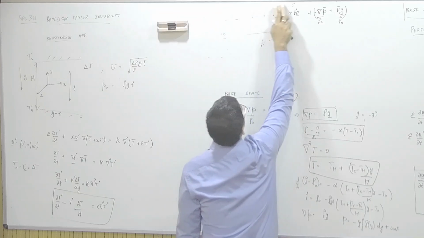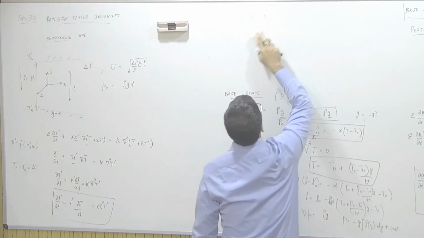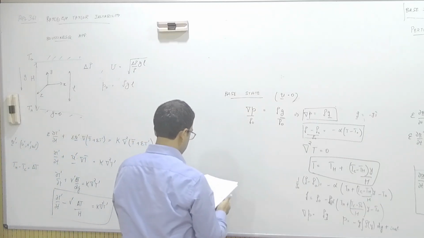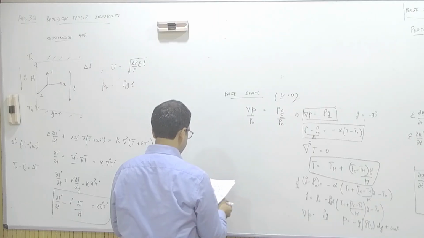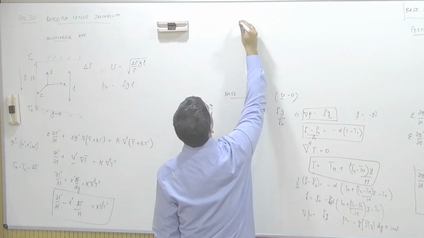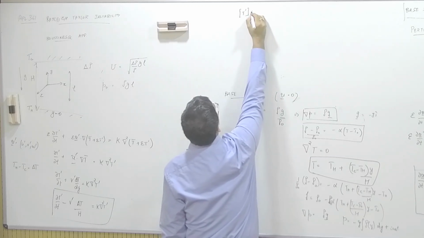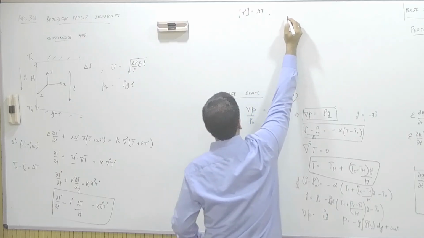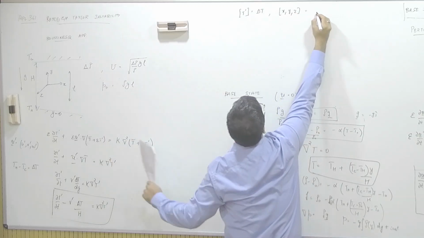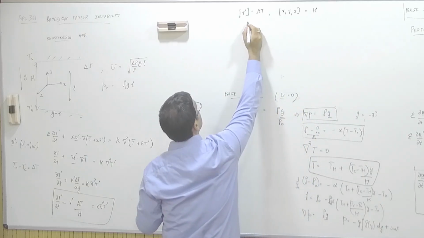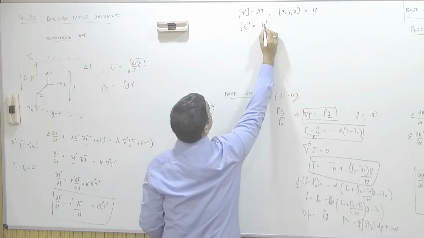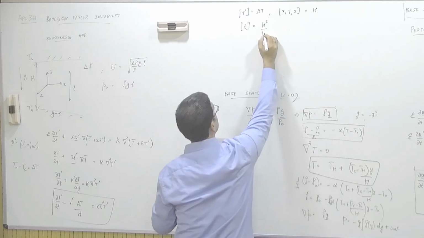Before we do the normal mode assumption, I want to introduce a different type of non-dimensionalization for this problem, which is again a very standard one. The scale for T prime I am going to choose as delta T. The scale for x, y, z I am going to choose as this capital H. And now comes the tricky part. I am choosing a time scale of H square over kappa.